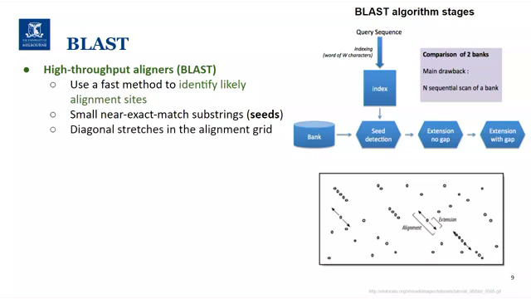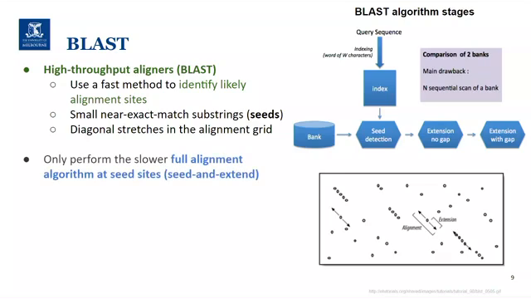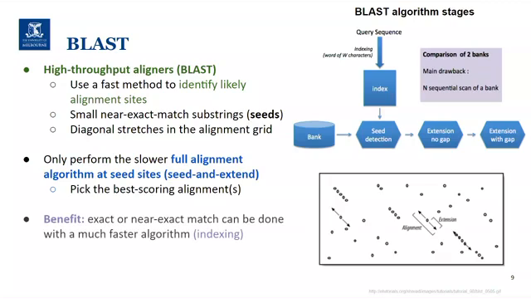And these are basically, on the dynamic programming matrix, diagonal stretches where we have a lot of matches. And one way to identify them is basically using indexing. And the approach for BLAST is just doing the full alignment on those seeds and then selecting the best scoring alignments out of those. And the main benefit of this is that the exact or near exact match can be done really, really easily and fast with an indexing approach.